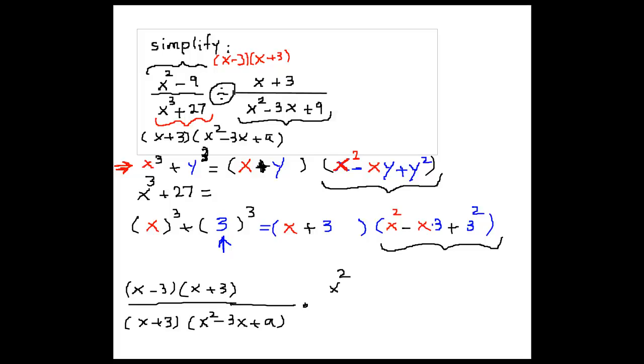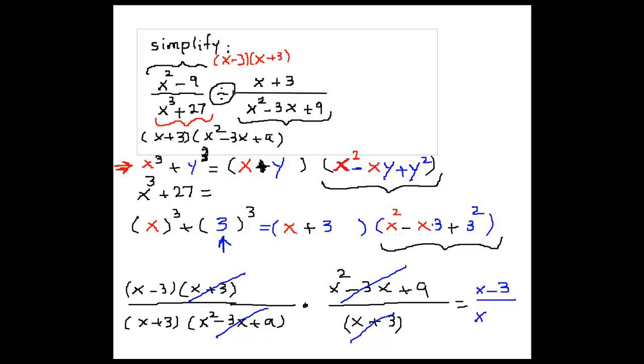So this x squared minus 3x plus 9 goes to the top of the fraction, and now we can look for reducing these, and looks like x plus 3 and x plus 3 can be reduced. All these can be reduced, and at the end I would get x minus 3 at the top of the fraction over x plus 3 at the bottom of the fraction.